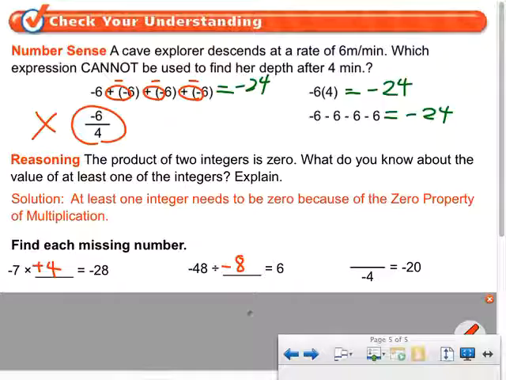Are we good? Now, I'm going to warn you, this last one, everybody got the sign right, but everybody got the number wrong. They wanted to say 5. That's not right. Can somebody tell me the answer?